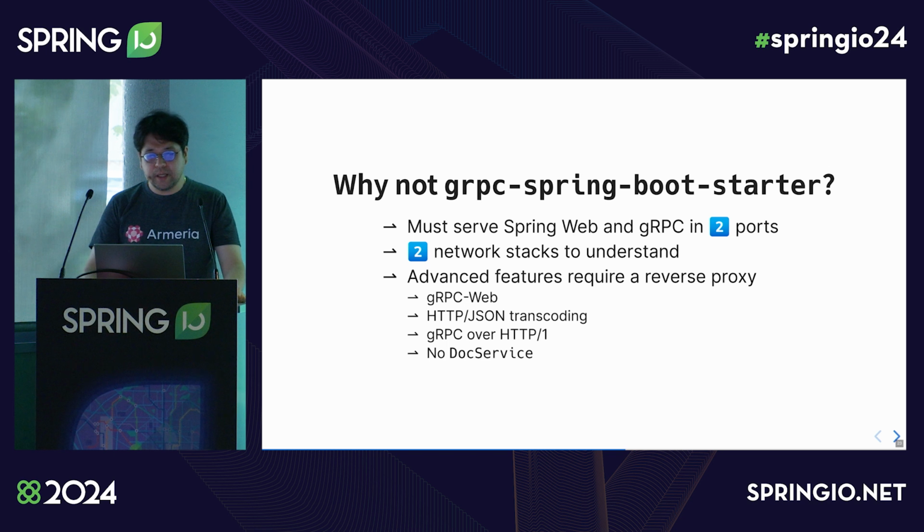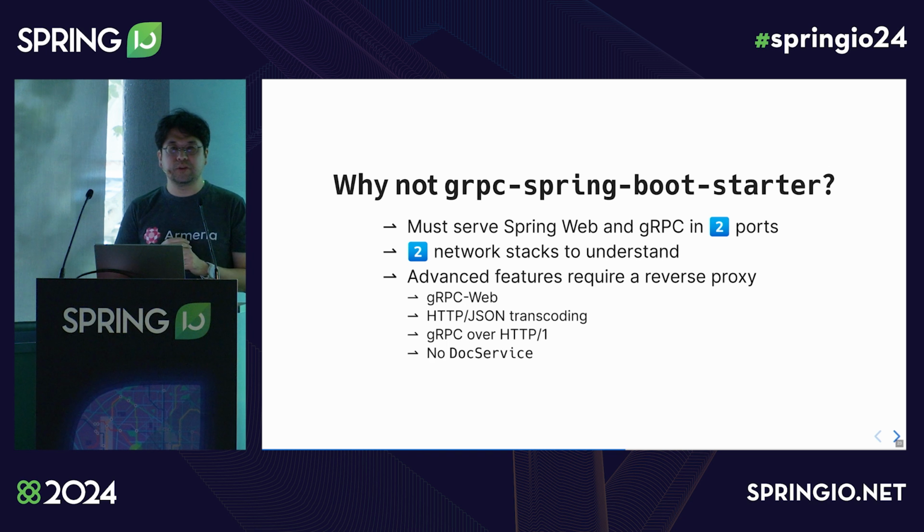And Armeria has a very feature-rich gRPC implementation, so it supports various gRPC variants. For example, gRPC-Web allows a web browser to make a gRPC call, and HTTP JSON transcoding allows you to transcode a gRPC into a RESTful API, just like Google does for their cloud API.